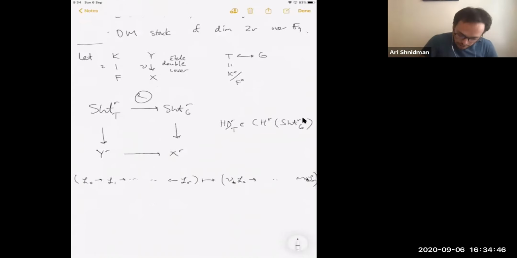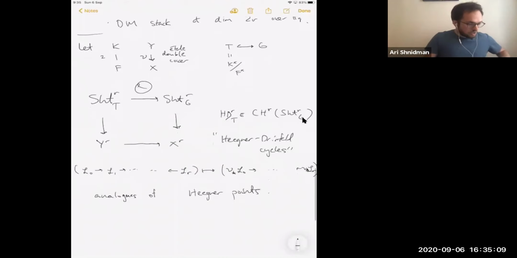So these are the Heegner-Drinfeld cycles, defined by Yun and Zhang. These are analogues of Heegner points on the modular curve in the number field setting.